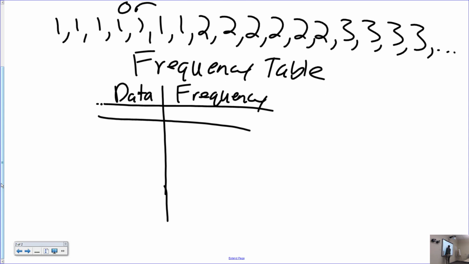And so if you had 4 1s, your data is a 1, the 4 just represents how many times the 1 repeated. If you had a 2 and you had 7 2s, that's like writing 7 2s. That's way easier than writing out 7 2s, right? And likewise down the row, right?